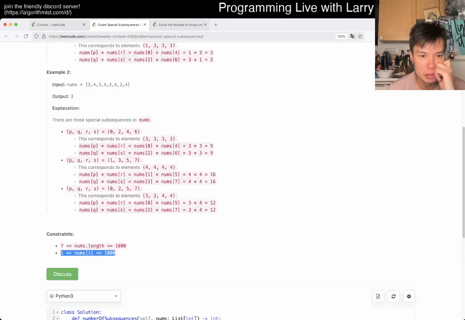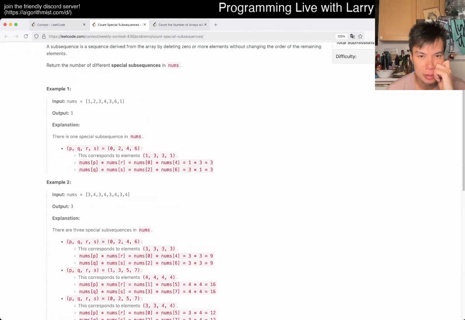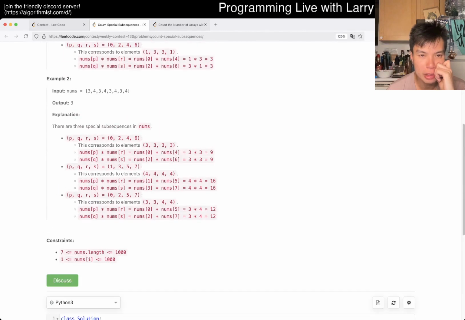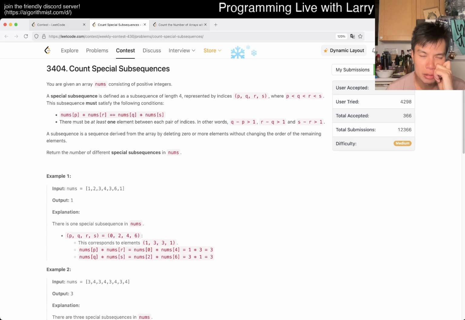There's some trivially true things here, but I mean, n square is fast enough. So we just have to loop the n square in a not dumb way.